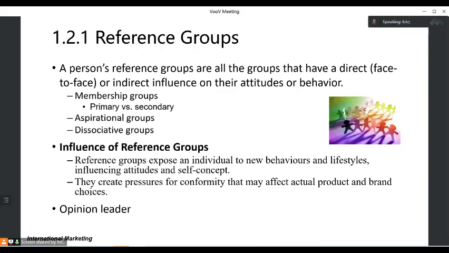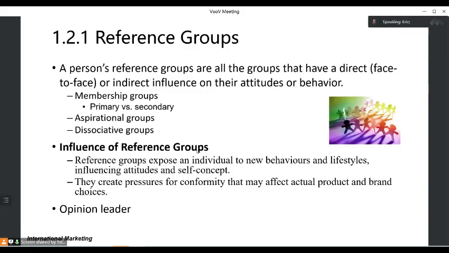And the second is about the reference group. It calls an individual to new behavior and lifestyles, and influences attitude and self-concept. It's about the influence of the reference group.